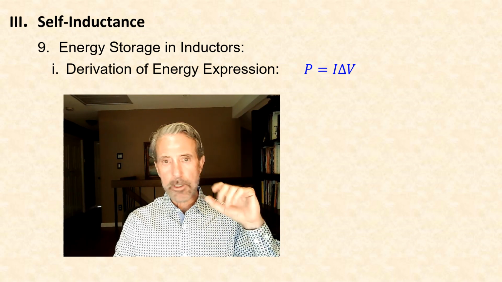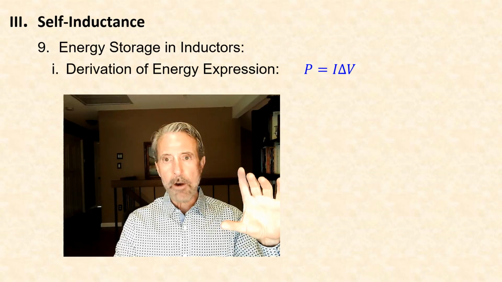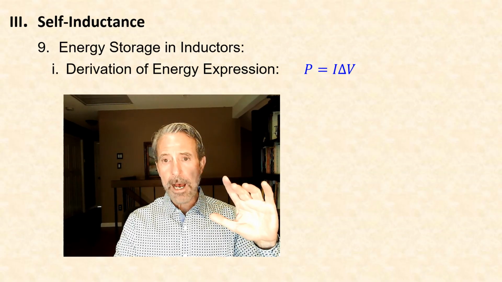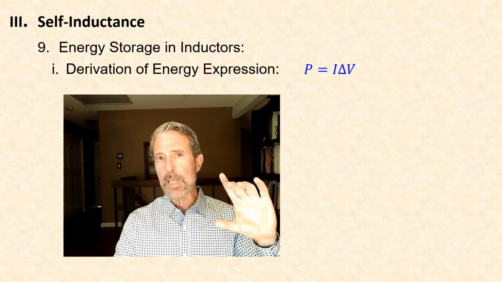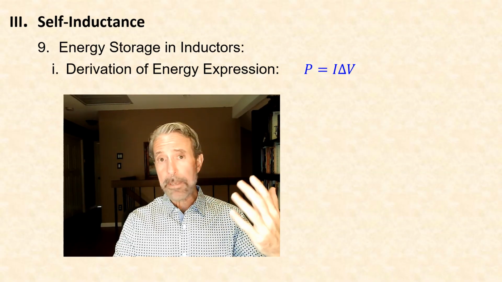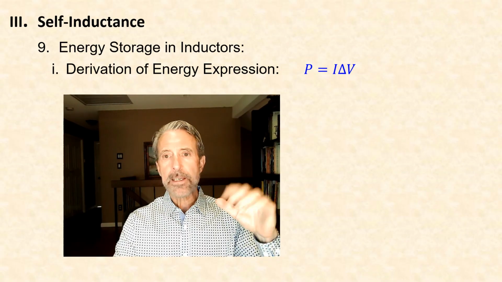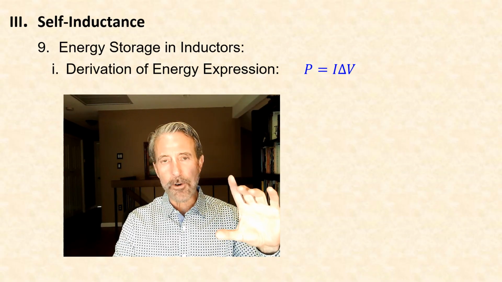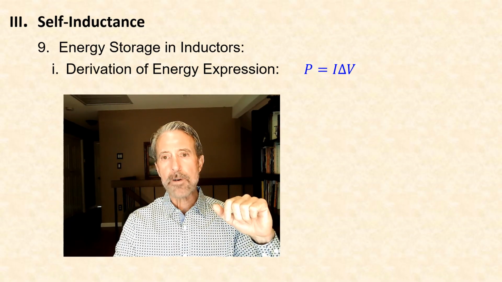So we start with our familiar expression here for the electrical power within a circuit. As we see here, delta V represents the voltage drop across our inductor, which is generated because of a changing current within the inductor in accordance with Faraday's law.